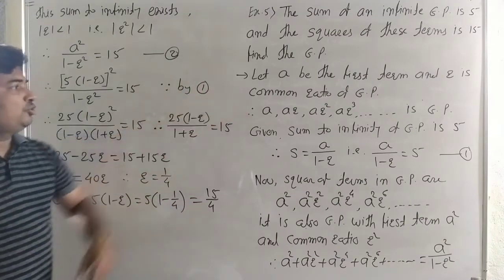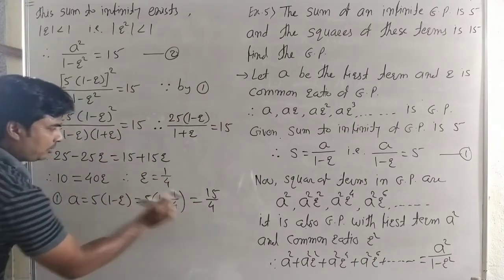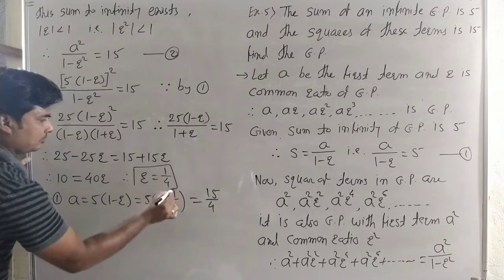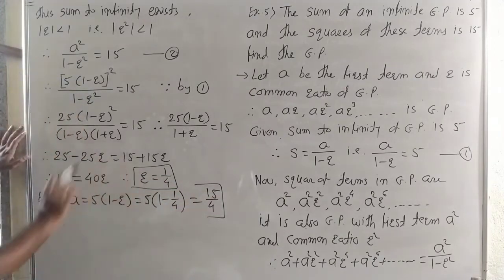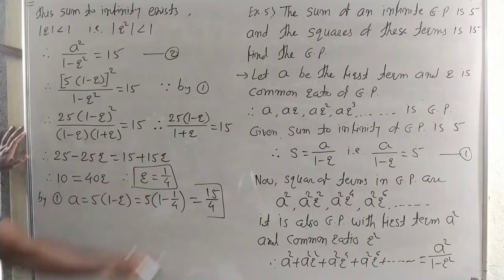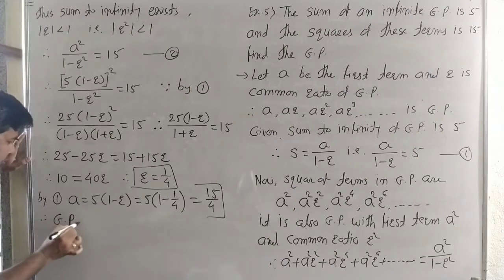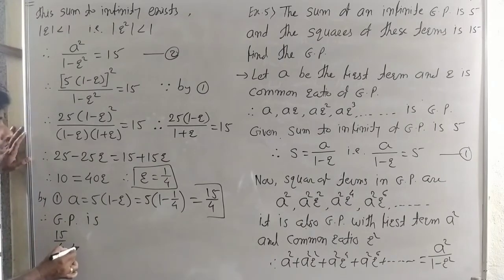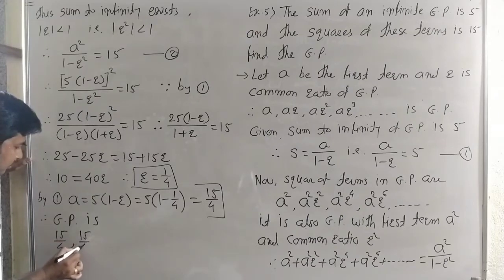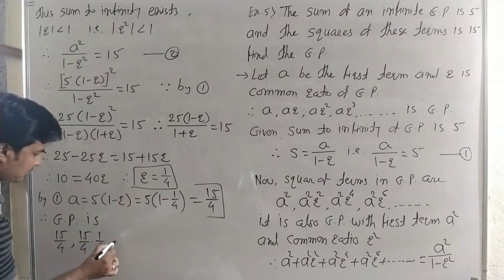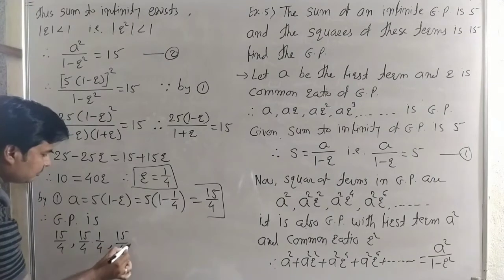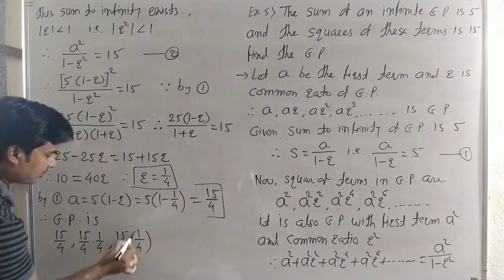Now we want to find the geometric progression. It is a is equal to 15 by 4 and r is equal to 1 by 4, therefore the geometric progression is a, that is 15 by 4, comma, a into r, that is 15 by 4 into 1 by 4, comma, then a into r square, that is 15 by 4 into 1 by 4 square.